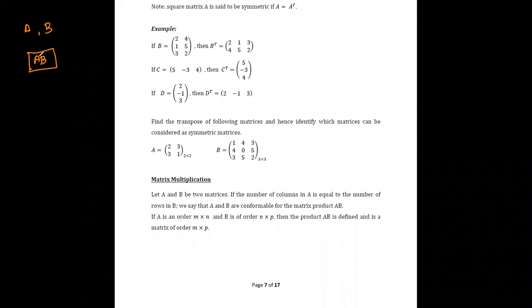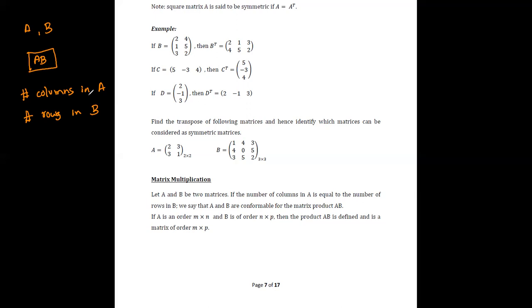It means that the number of columns in the first matrix, matrix A, should be equal to the number of rows in matrix B. Simply, if you consider the order of this product, matrix A is multiplied with matrix B. Therefore, the first matrix is A and the second matrix is B, so the number of columns in the first matrix should be equal to the number of rows in the second matrix.